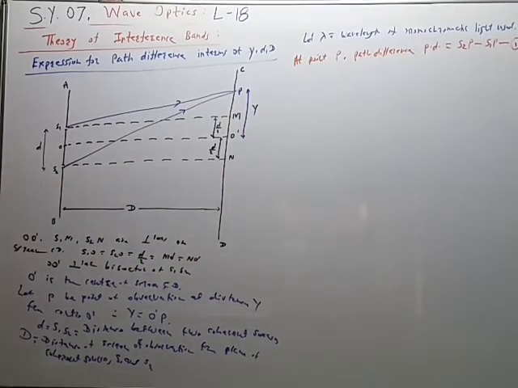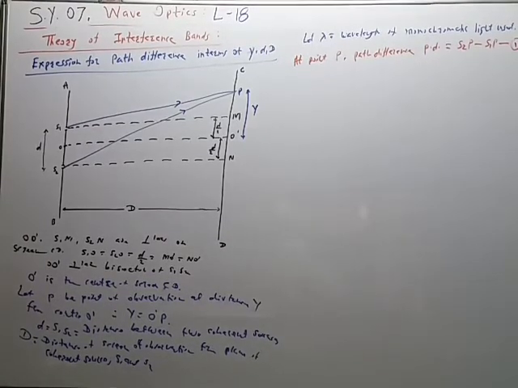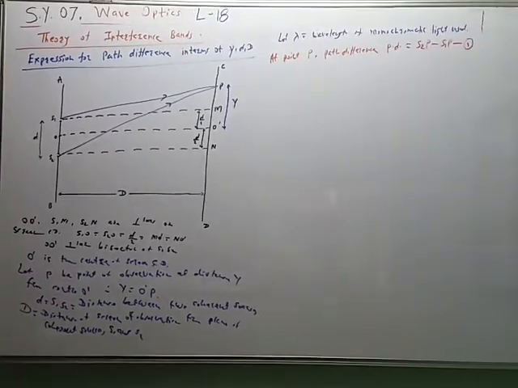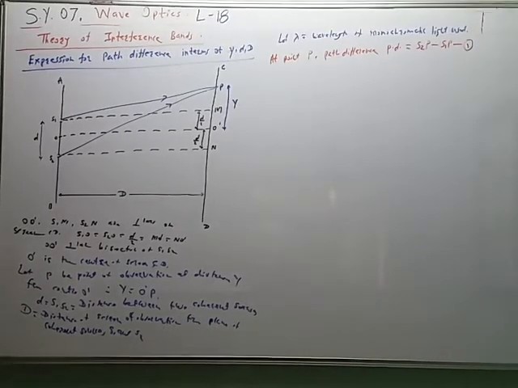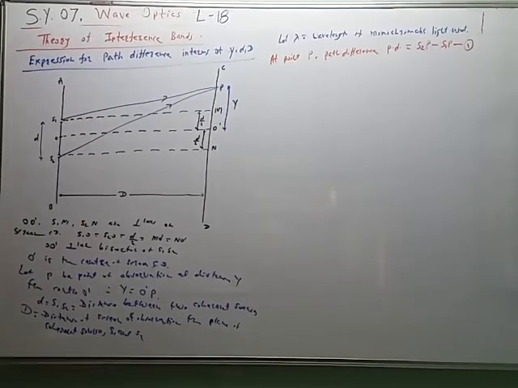So in this figure, there are two right angle triangles. One is S2NP and the other is S1MP.